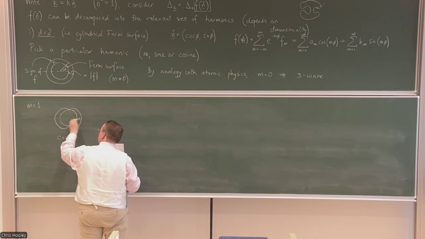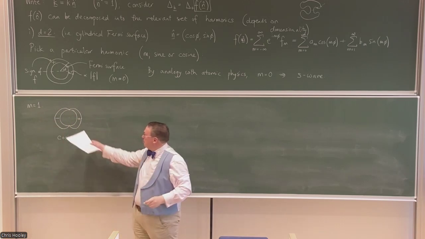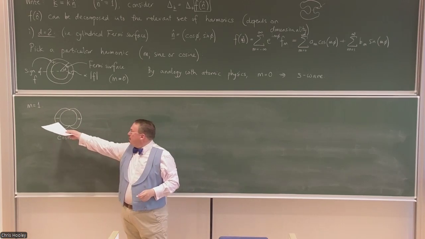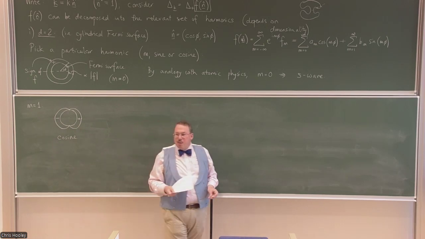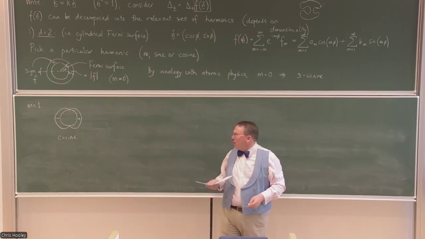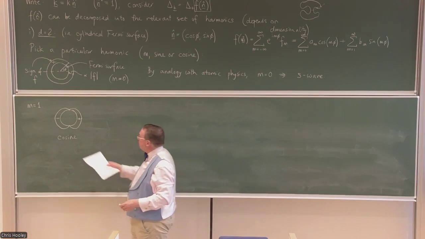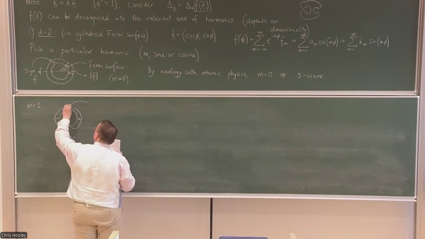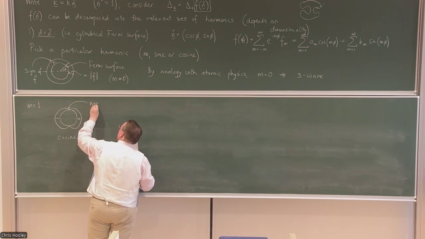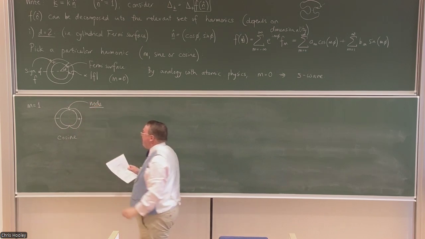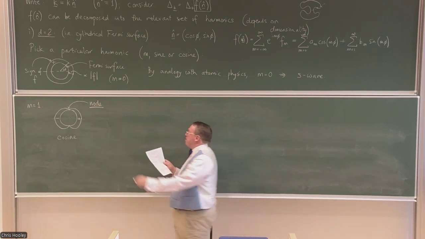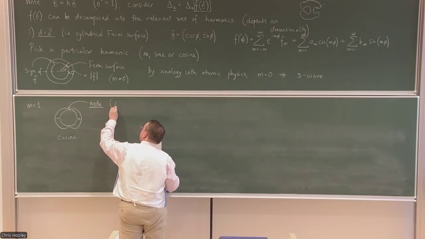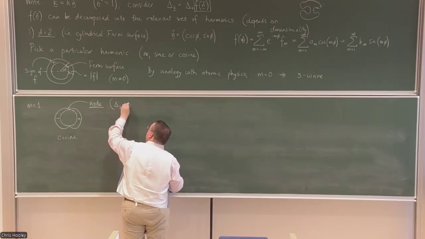And now our sign labeling is important because this half is positive and this half is negative. So there is a change in phase of the superconducting order parameter as we work around the Fermi surface, and a new feature has appeared, which is that we have a node in the order parameter, that is a point where delta is 0.